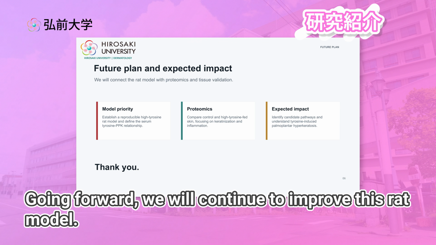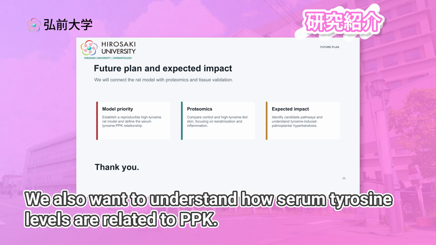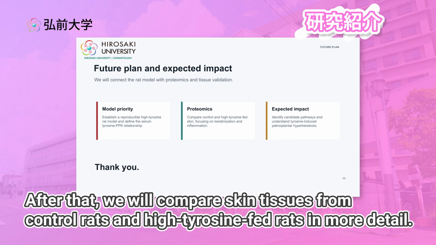Going forward, we will continue to improve this rat model. Our first goal is to make the model stable and reproducible. We also want to understand how serum tyrosine levels are related to PPK. After that, we will compare skin tissue from control rats and high tyrosine fed rats in more detail.